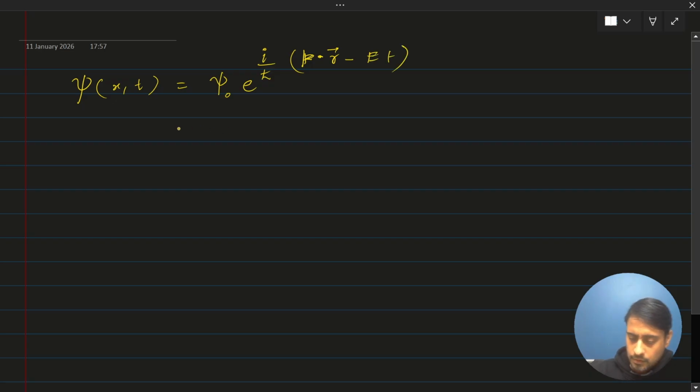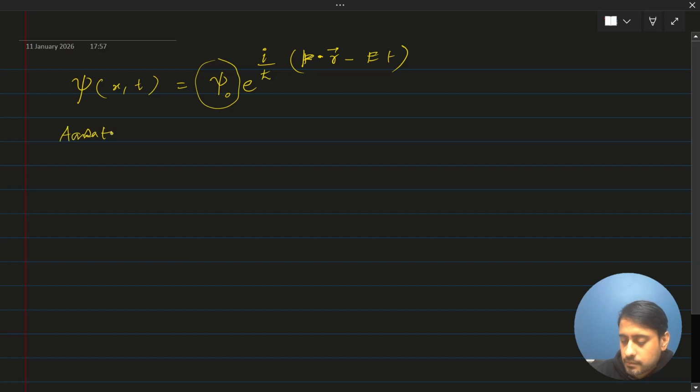We called it a trial wave function, but I think this is more explicit. We are trying to explicitly write the wave function, but we are not confirmed about this value, so it's basically not completely explicit.